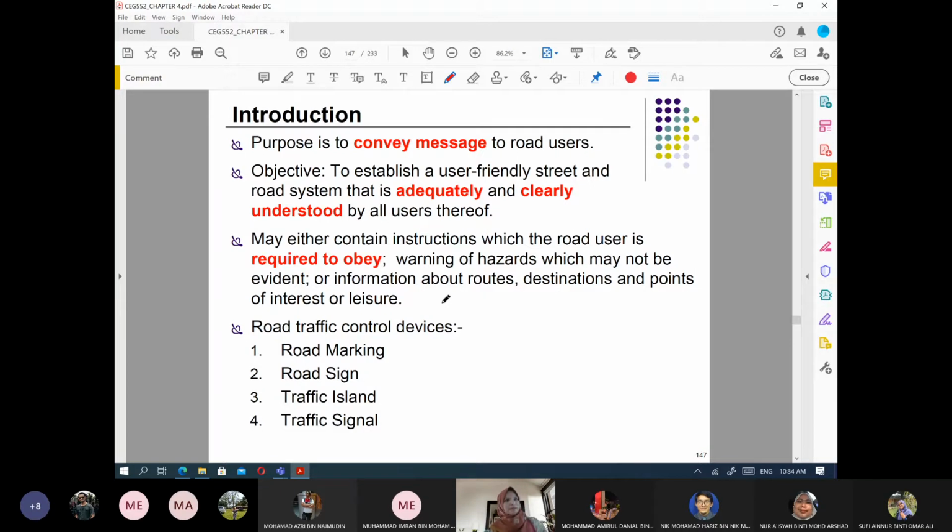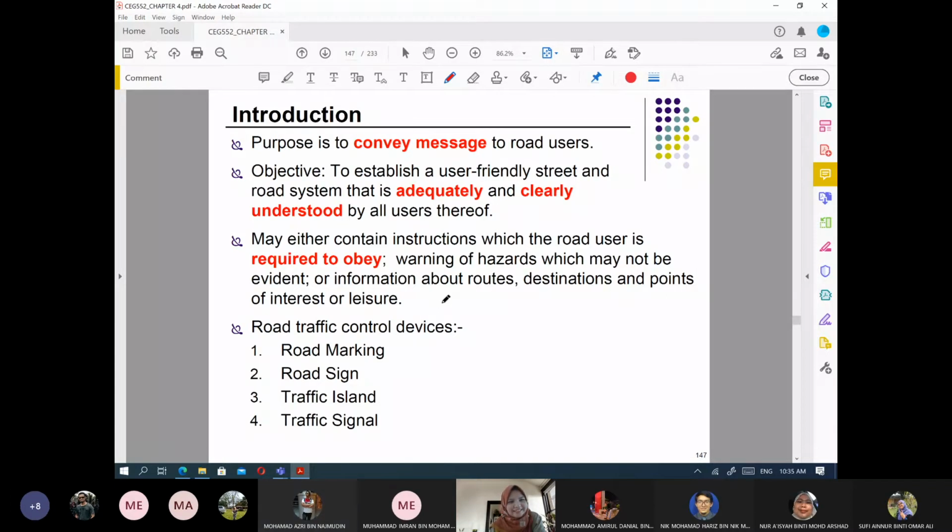Kalau nak naik pergi Cameron ke, ataupun dia tunjuk apa, Zoo Taiping ke, dia punya tu warna apa? Lain kan colour dia? Coklat. Ya, warna coklat. Kalau tarikan tourism warna coklat. Alright. Lagi warna hijau?